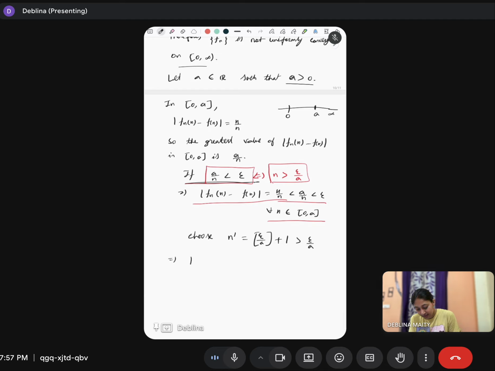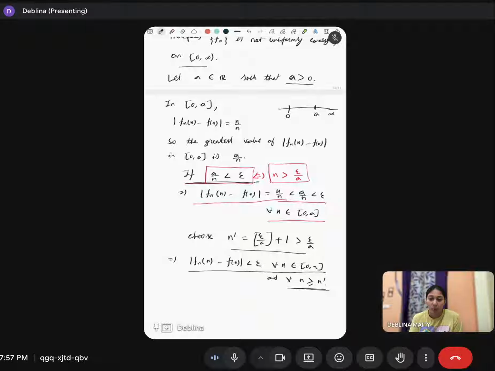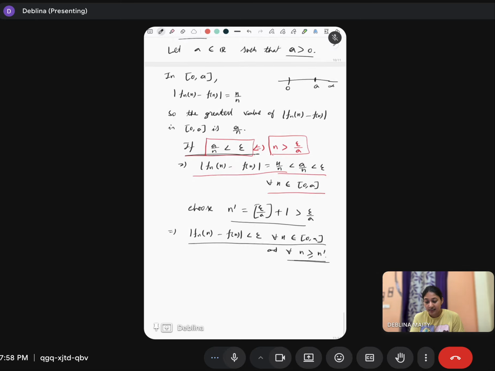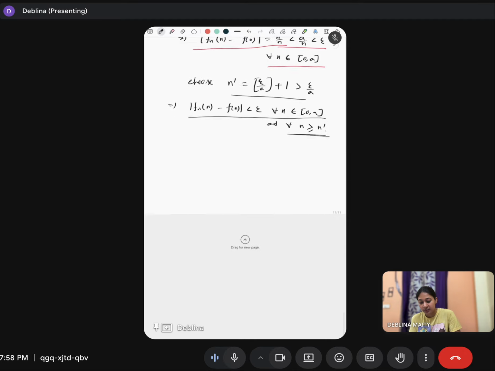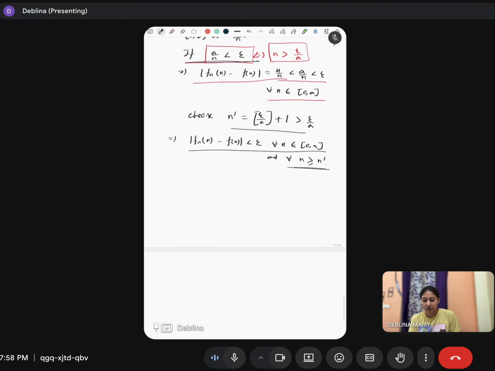So this implies fn(x) minus f(x) is less than epsilon for all x belongs to 0 to a and for all n greater than or equal to this N', right? So whenever n is greater than this number, this is true, and this N' does not depend upon the point x, it is only depending upon epsilon. So that's why this convergence in this domain, the closed interval 0 to a, is uniformly convergent.